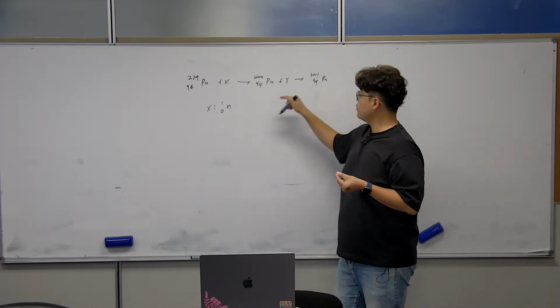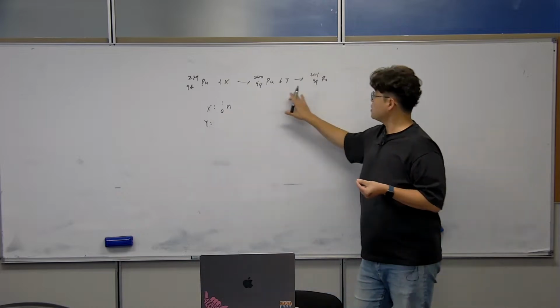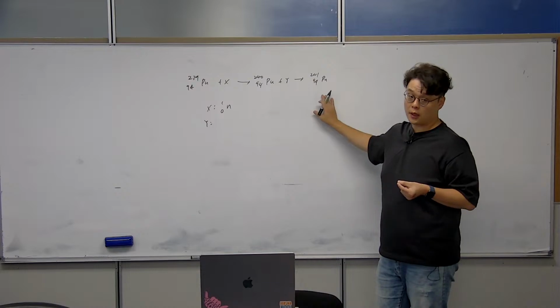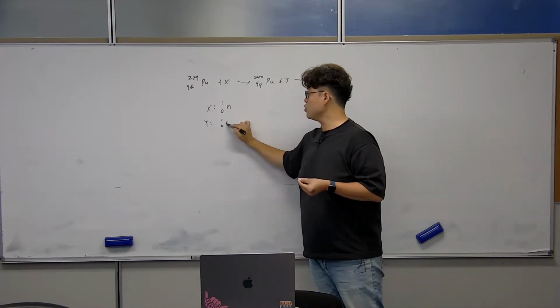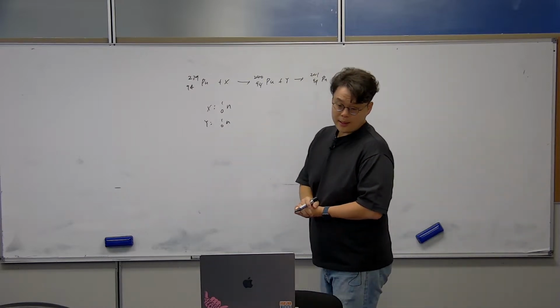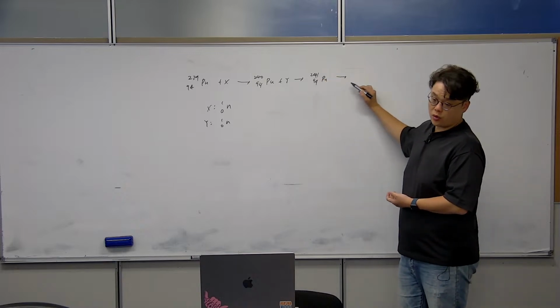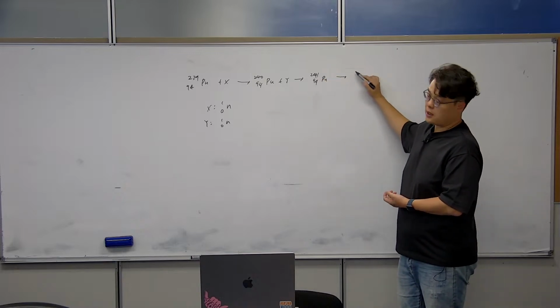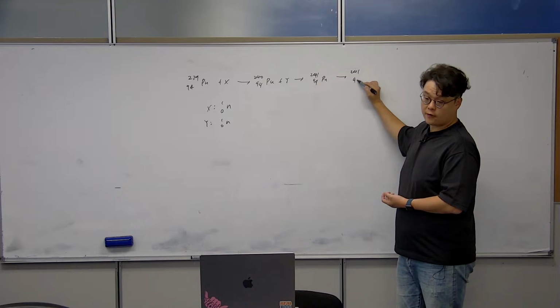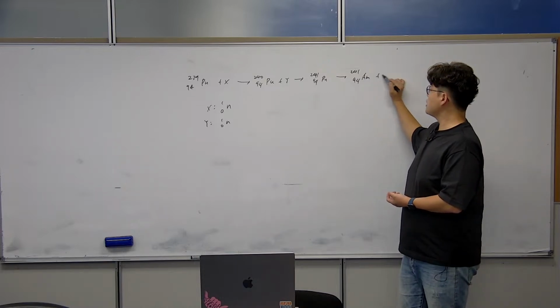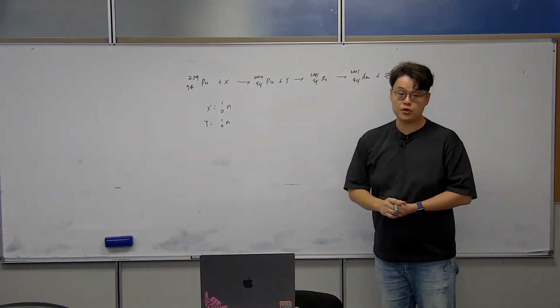It'll be the same for Y, which does not change the atomic number either, so it'll be 1, 0, a neutron as well. Eventually it goes through some sort of nuclear process, and it'll be something like 241, 94, and americium is now produced.